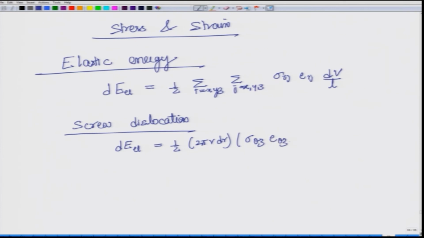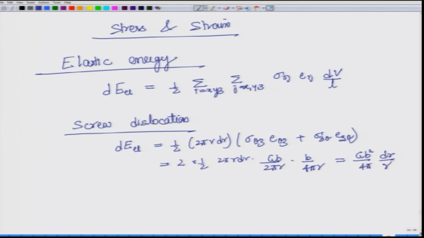So, corresponding strains will multiply it. These two are similar quantities. So, we multiply it by 2 into 1 by 2 pi r dr G b. So, dE_L is equal to G b square by 4 pi dr by r.